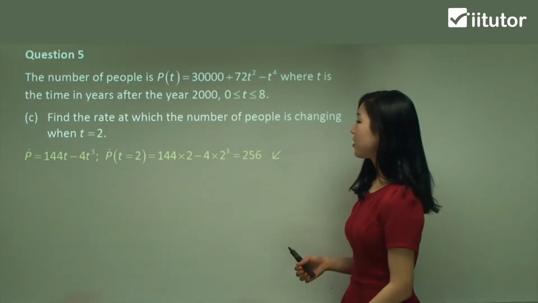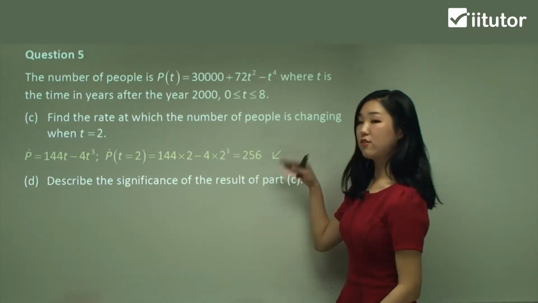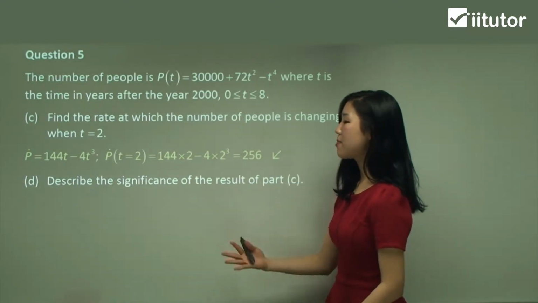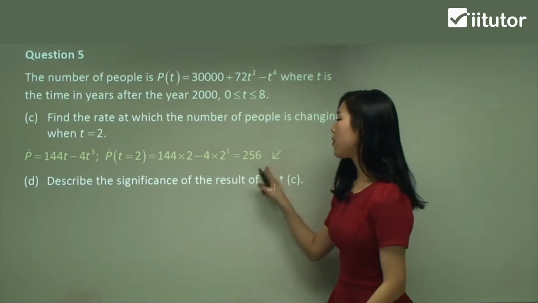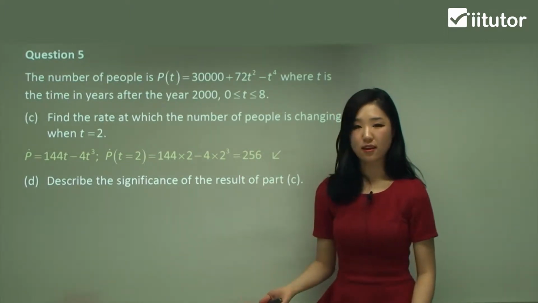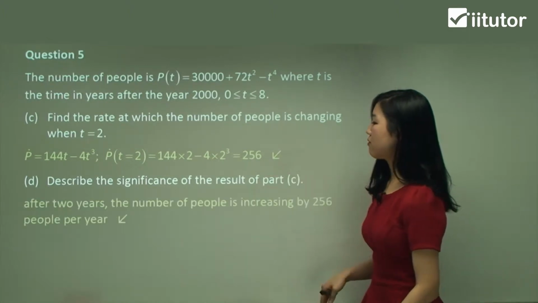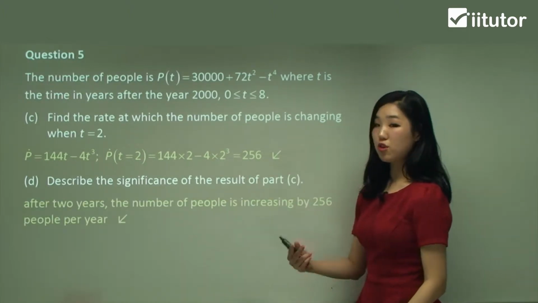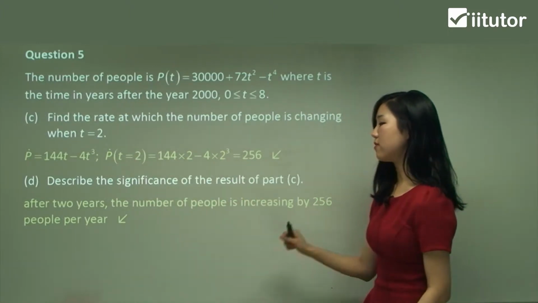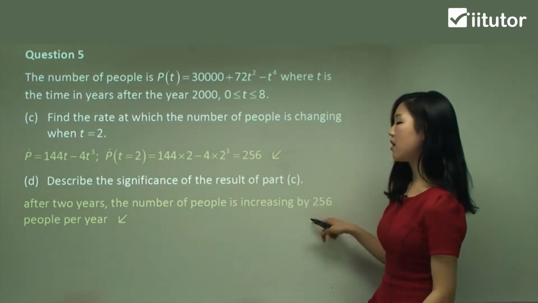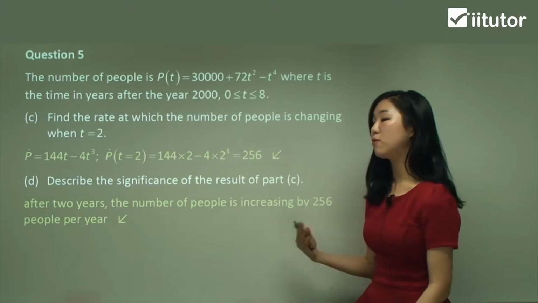Part D will link to question C. It says describe the significance of the result of part C. So it's asking what this number is indicating. The 256 means after 2 years, because they say T equals 2, the number of people is increasing by 256 people per year.